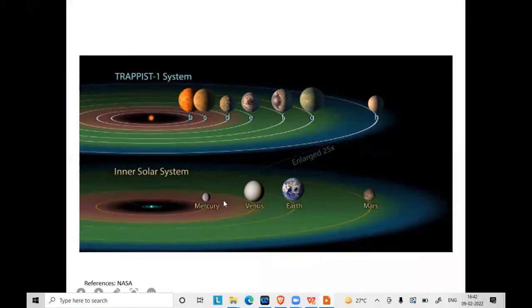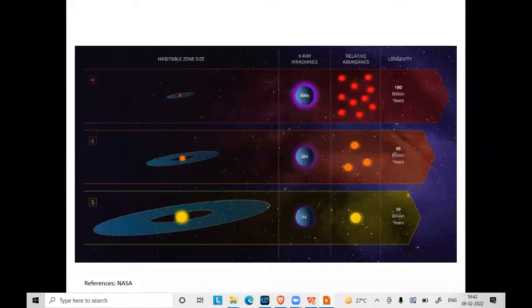For a sun-like system, the Goldilocks zone is quite far from the sun, whereas for a red dwarf star its range is quite close to the star, and accordingly the overall radial range will also differ. So these are the different kinds of stars we have in our universe.